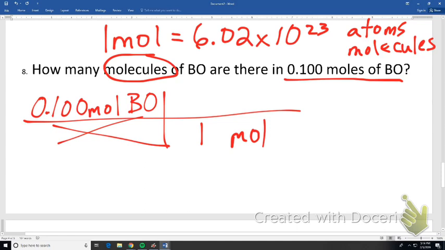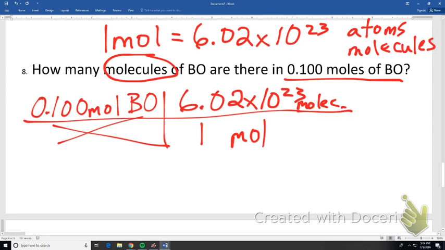Trying to get to molecules, so I'm going to use Avogadro's number. 6.02 times 10 to the 23. These are molecules. Okay, then I just see, did I cancel everything that I was supposed to cancel? Mole over mole, good. Molecules, yes. Boom!